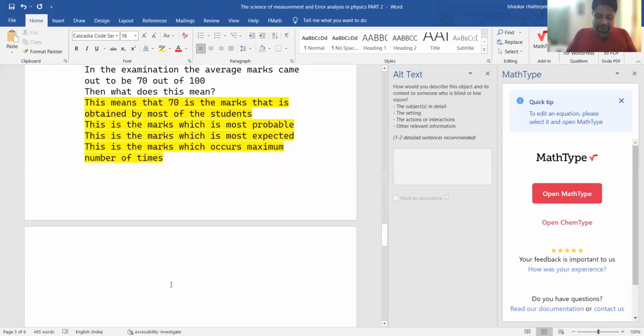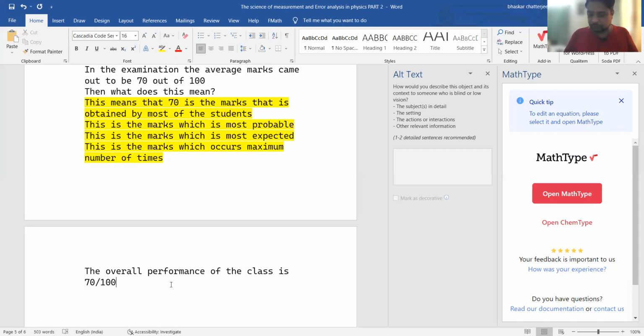So what we can say, the result reported is the marks of the students, or if you are considering the overall performance of the class, it is 70 out of 100.